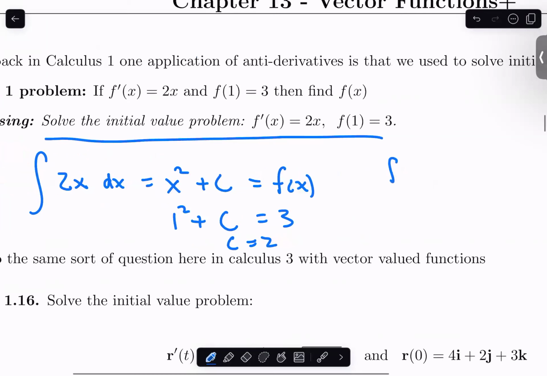And so the function that I'm interested in is x squared plus 2. Notice that if I take the derivative of that, I get 2x. And if I plug in 1 as it stands, and it's just 1 into f, not f prime, 1 into f, right, I should get out 3. So that satisfies both of these things. And so this is the solution to my initial value problem.